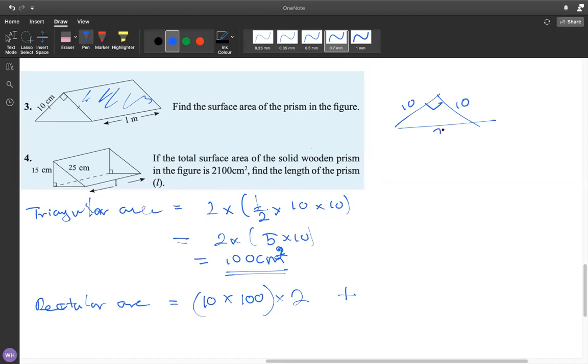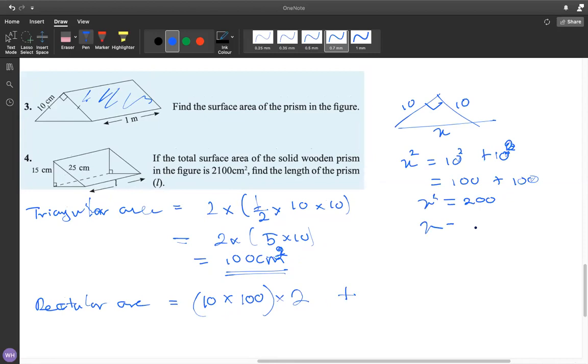This is a right angle, with 10 and 10. You need to find x, so x squared will be equal to 10 squared plus 10 squared. Here 100, here also 100, so altogether 200, and this is x squared.